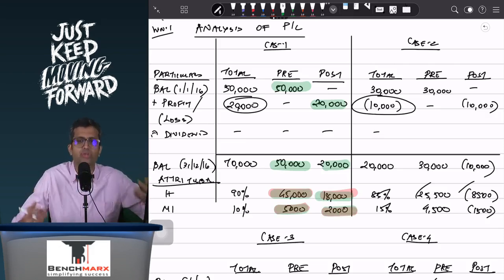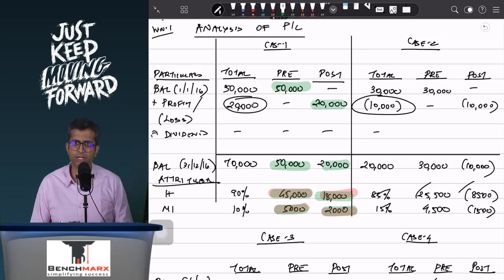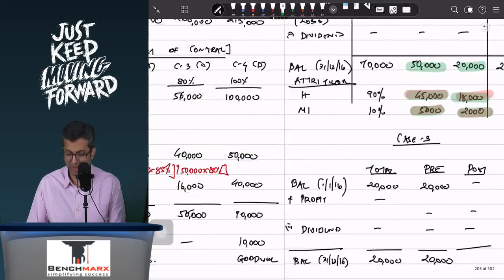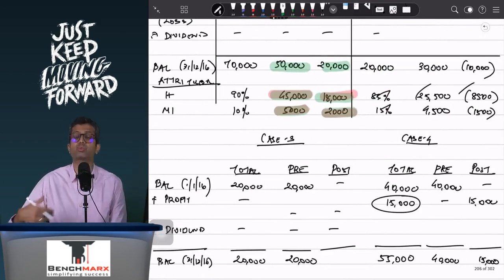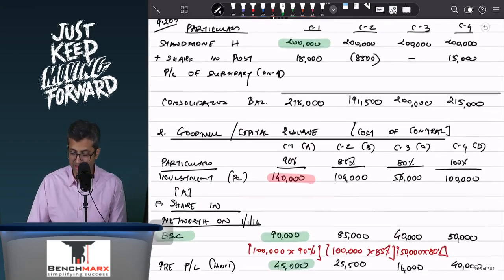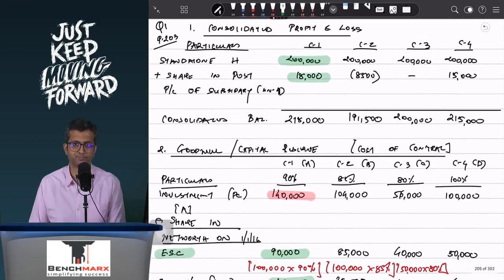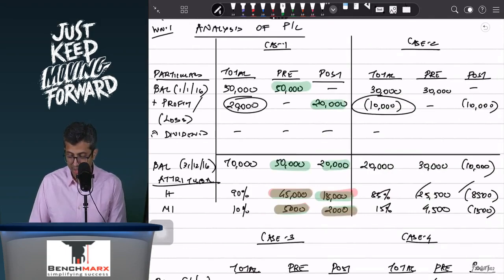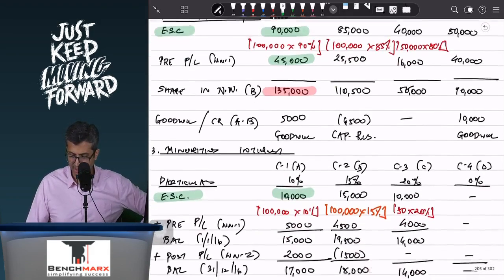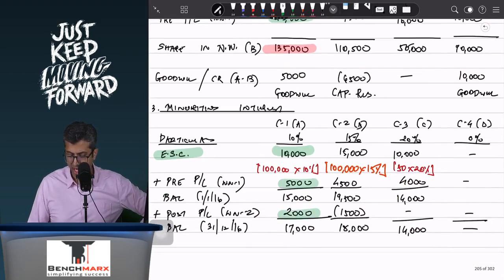I would have purchased it by making an investment, and hence it will go in working note 2 for goodwill workings. Whereas when I look at 18,000, this is what parent has earned during the post-acquisition period, and hence this is 18,000 over here. Okay, then you have 5 and 2,000. This will go in minorities, which will be, for example, 5,000 and 2,000. And hence this is going to come to 17,000.